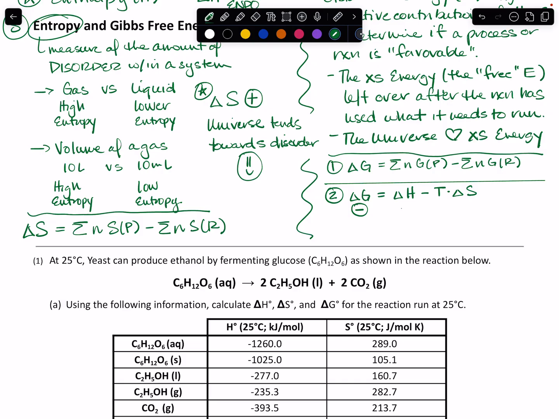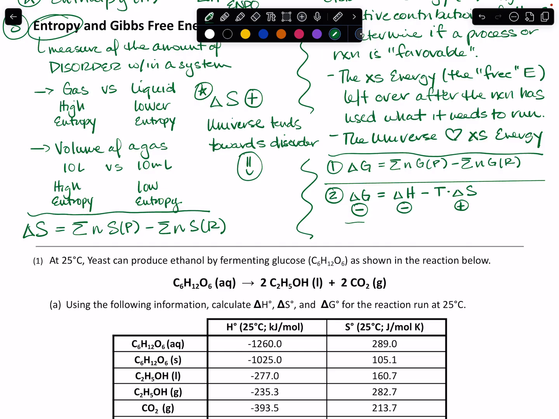The best way for that to happen is to have a negative enthalpy, which means that we've got an exothermic reaction and a positive entropy, because that minus T delta S, if delta S is positive, the whole thing remains negative. So we increase the negative value of delta G. That is a system that will always be favorable if you have an exothermic reaction that increases the entropy.